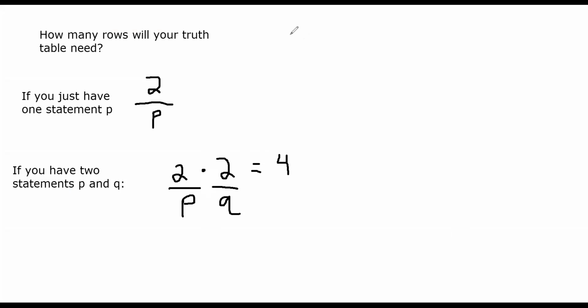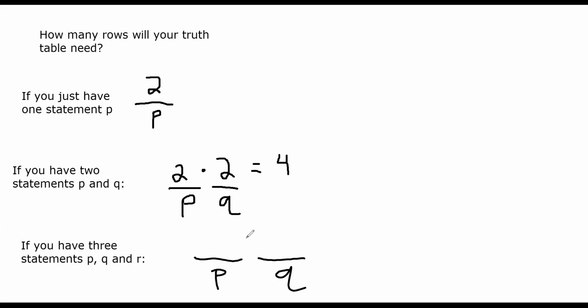Now, if you have 3 statements, P, Q, and R. Now you've got P, but you've also, independently of that, you have Q, because the truth of P has no effect on whether Q is true or not. So you've got to independently evaluate Q. And then you also have R. P could be by itself, true or false.